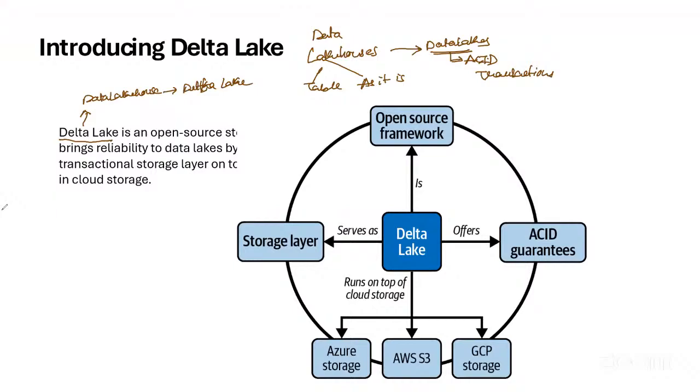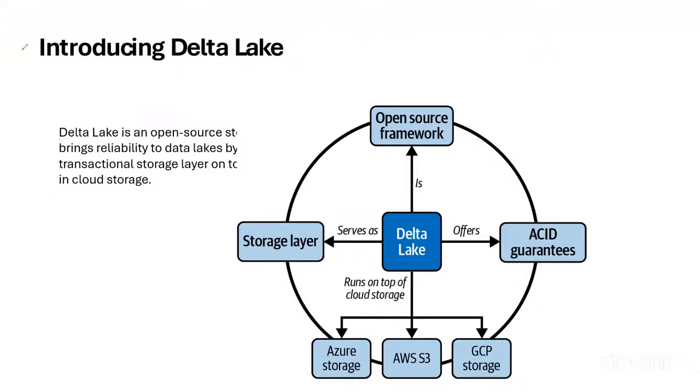Now, what is this Delta Lake? Delta Lake is an open source storage layer that brings some reliability to the data that is stored in data lakes. Reliability in the sense, if you are saving your data in the data lake as it is, it's not very reliable.